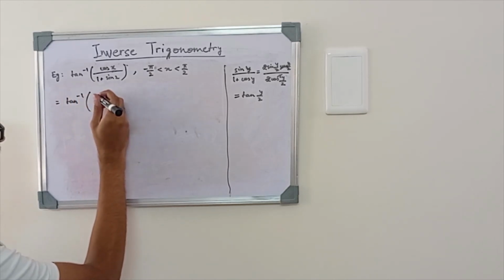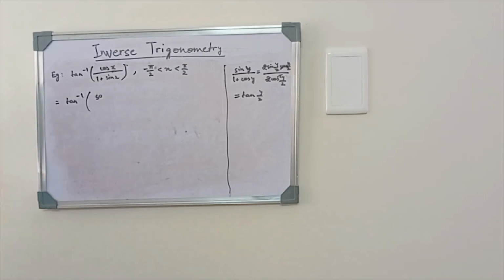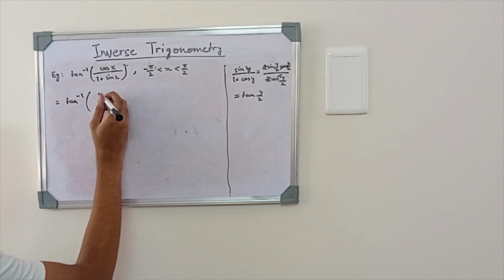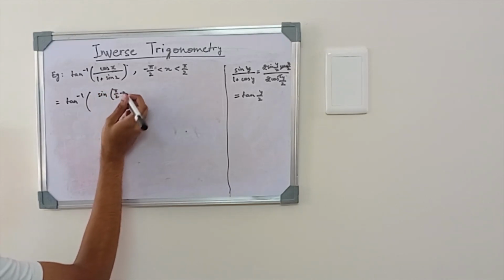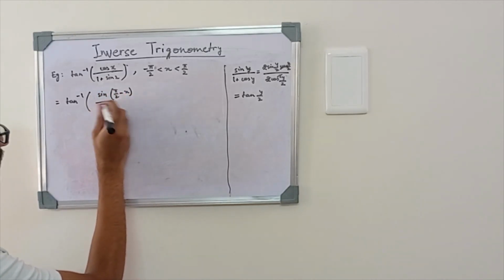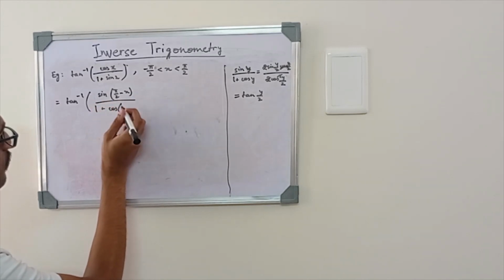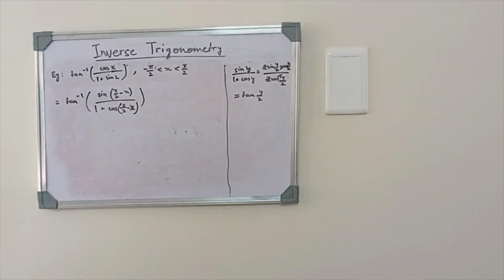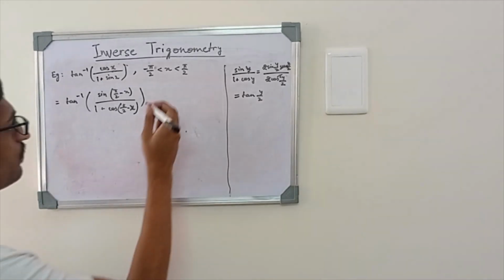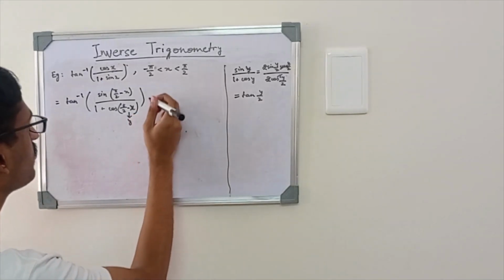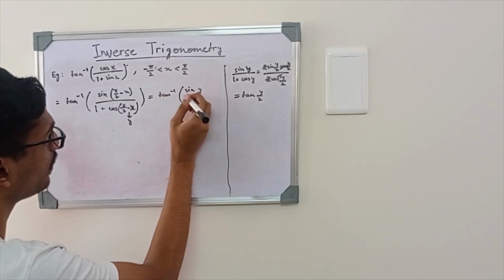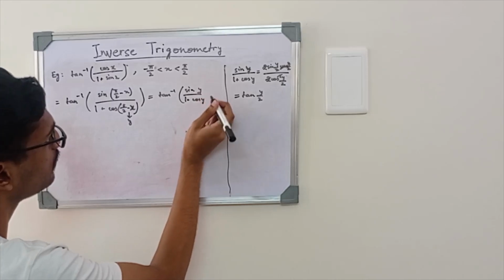Tan inverse of it will be sine of pi by 2 minus x by 1 plus cos of pi by 2 minus x. Now for simplicity, let us call this pi by 2 minus x as y. So this is equal to tan inverse of sine y by 1 plus cos y.